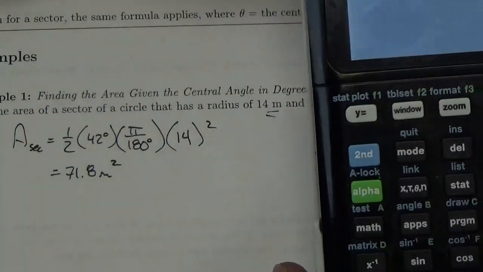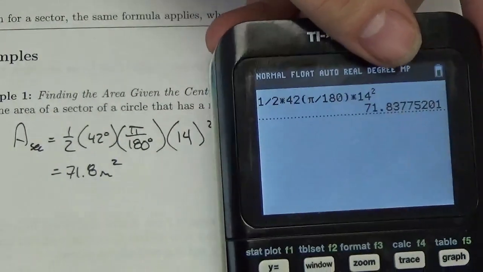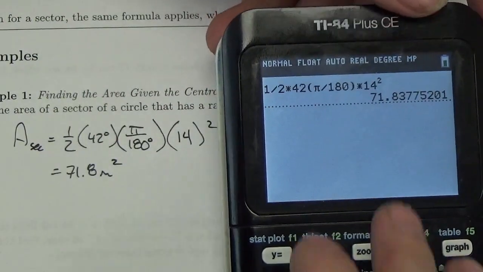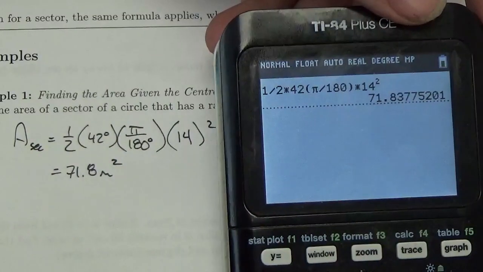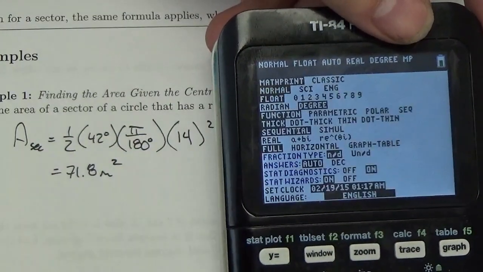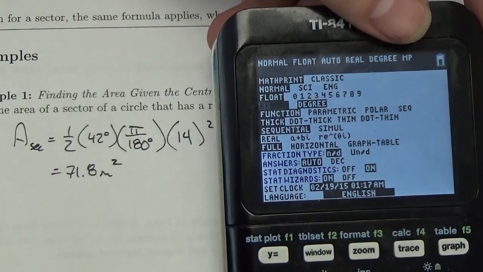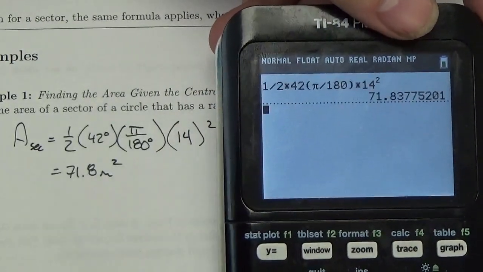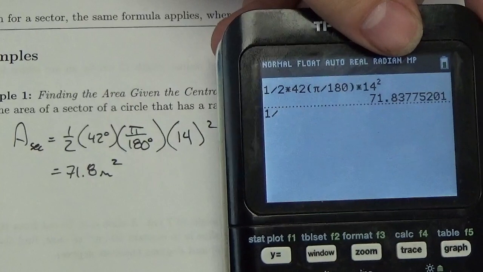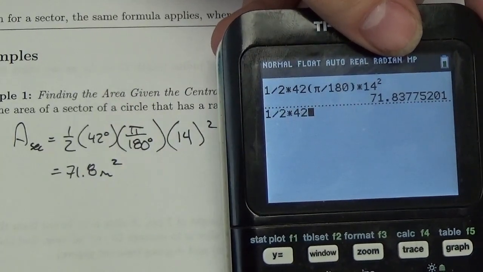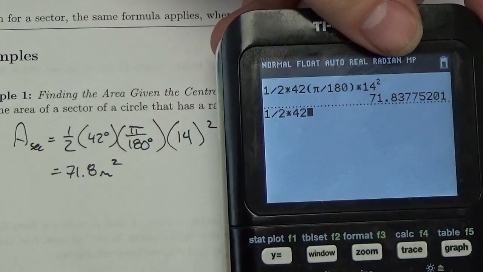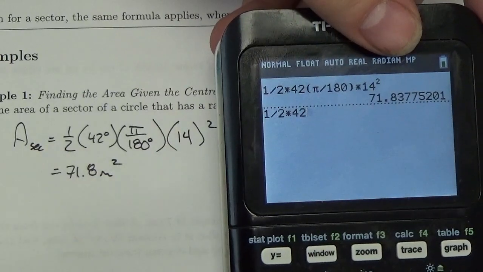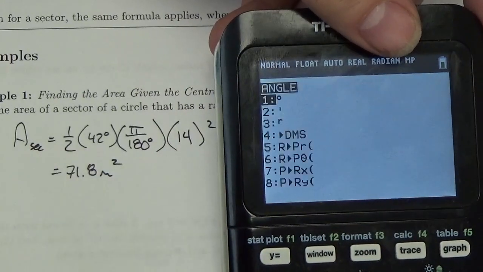Another thing you might do, if you're interested, is put the calculator in radian mode. I'm going to do 1 divided by 2 multiplied by 42, but I'm going to let the calculator know that what I've given it is in degrees.